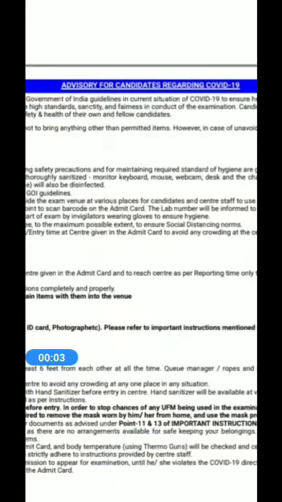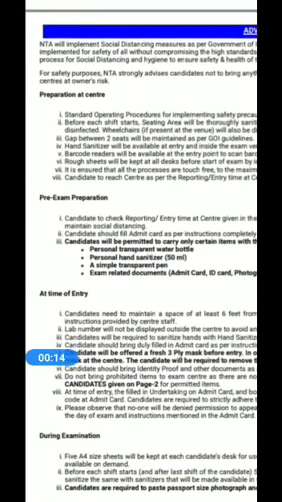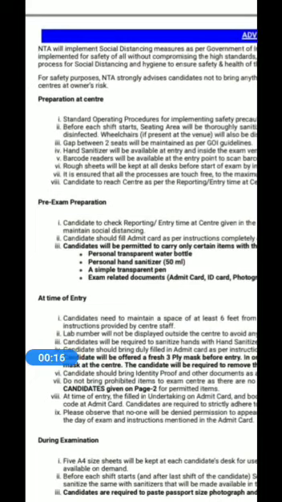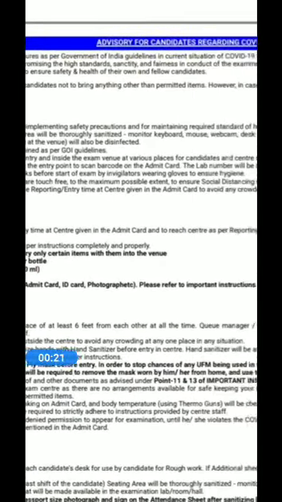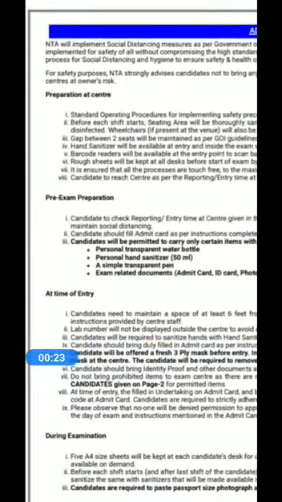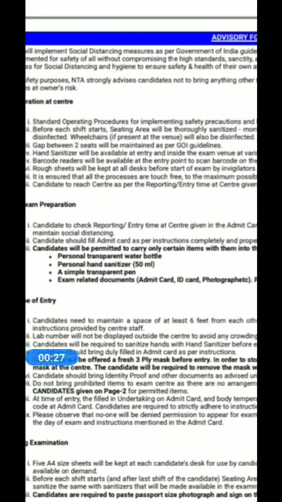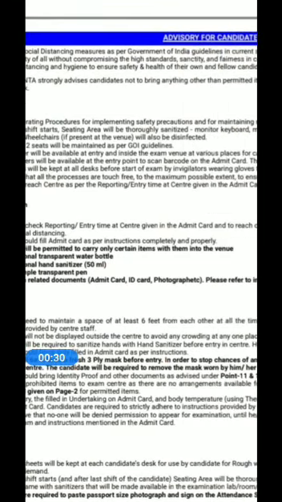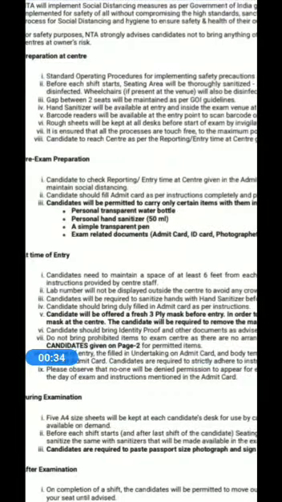And then on page number 3 you will get the advisory for candidates regarding COVID-19. Again they have mentioned a lot of points over here, like preparation at center. Just read all the advisories carefully, guys, carefully. For example, preparation at center, like how they're going to take safety precautions because of this pandemic.